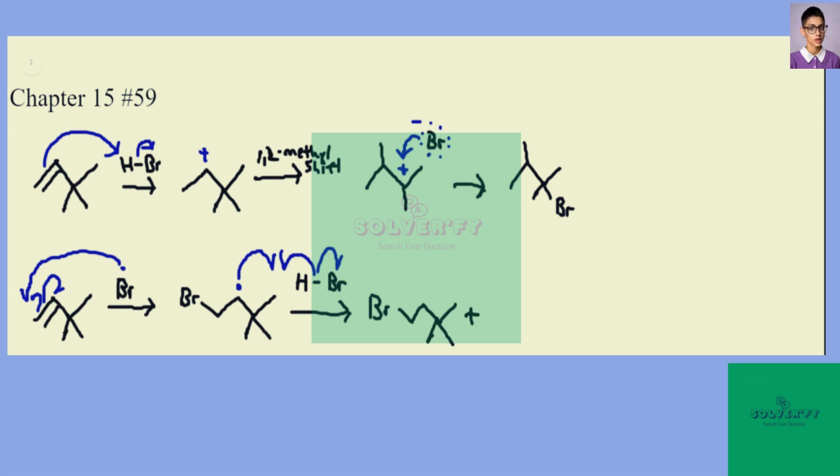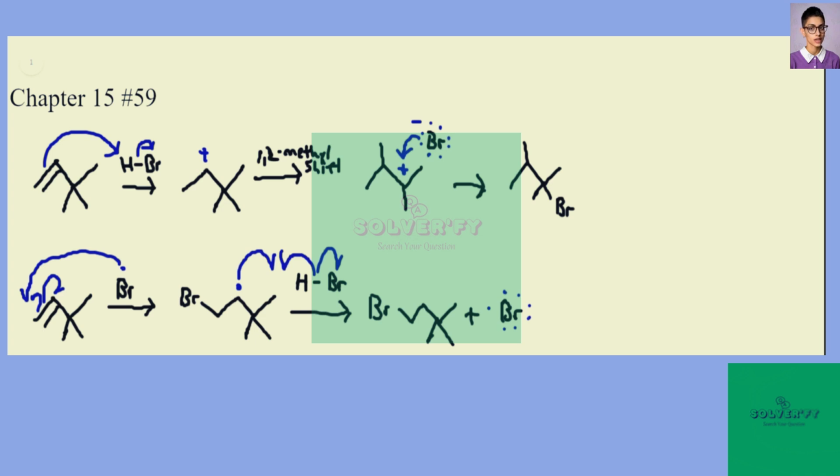And we've also generated another bromine radical. Oops. So we've also generated another bromine radical that can keep this reaction going. Yeah, so there we go. That's the mechanistic difference here.